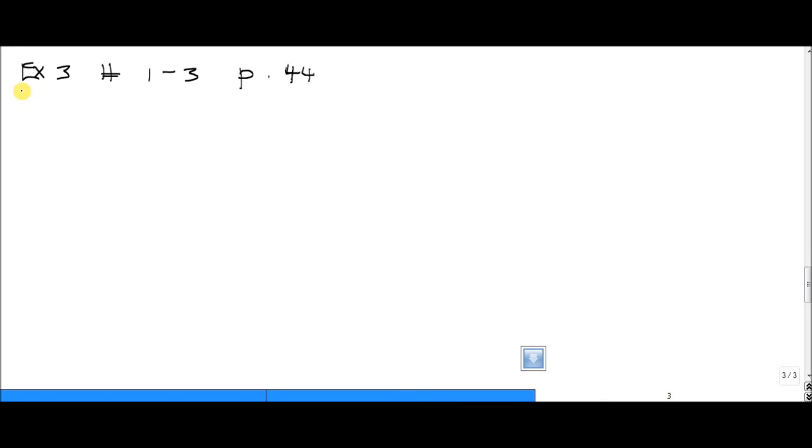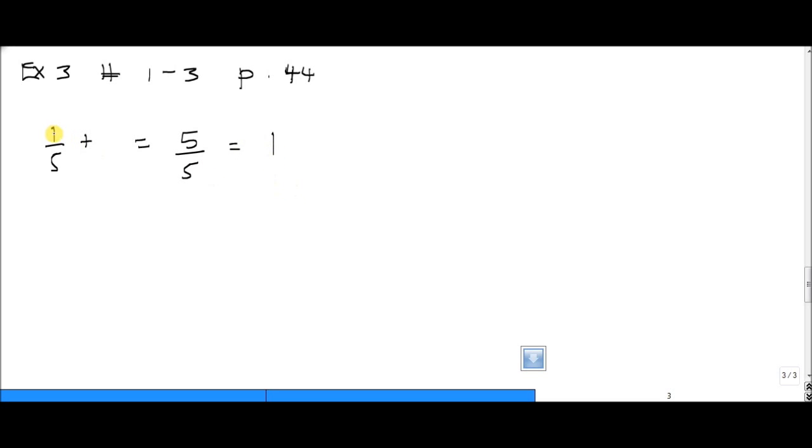Let's look at exercise 3, numbers 1 to 3 on page 44. It says how many fifths must be added to 1/5 to make a whole. So we have 1/5, and we need to make a whole. We're going to add some to it, and then we need to end up with 5 over 5, because 5 over 5 is the same as a whole.